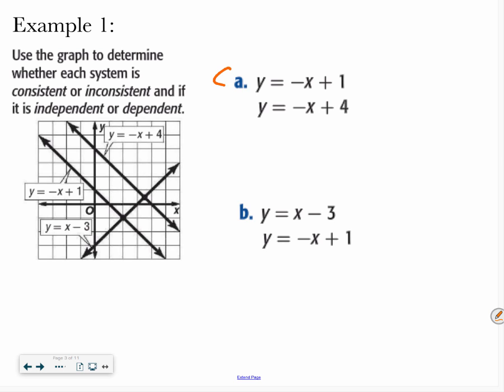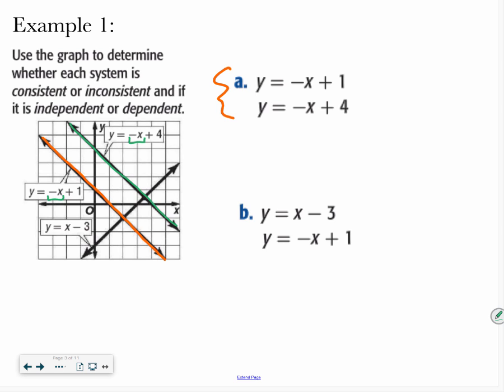So let's look at letter A up here. We have y equals negative x plus 1. If I look, that's this line right here. It highlights it for me. And y equals negative x plus 4. So if I look, I see these lines look parallel. If I double check, my slope is negative 1, negative 1.